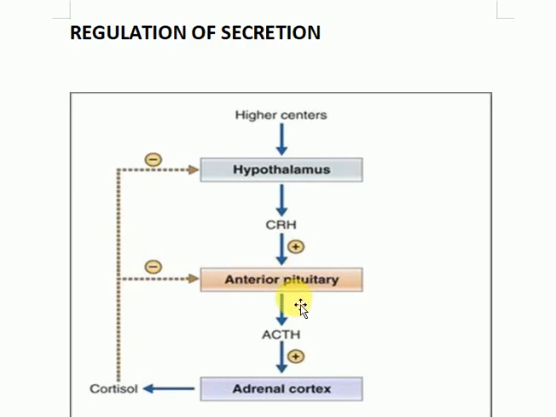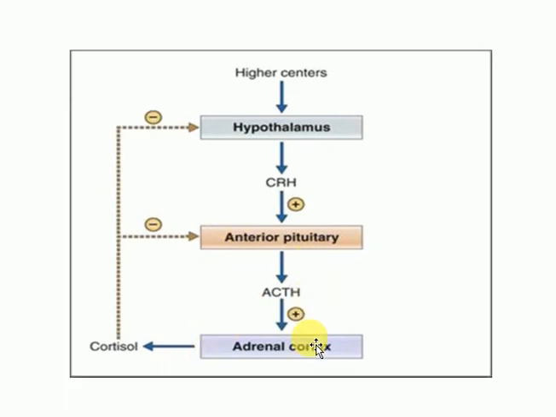The anterior pituitary gland releases ACTH, adrenocorticotropic hormone. This hormone then acts on the adrenal cortex and causes the release of cortisol. Cortisol has a negative feedback mechanism on the anterior pituitary as well as the hypothalamus, inhibiting the secretion of CRH and ACTH further.